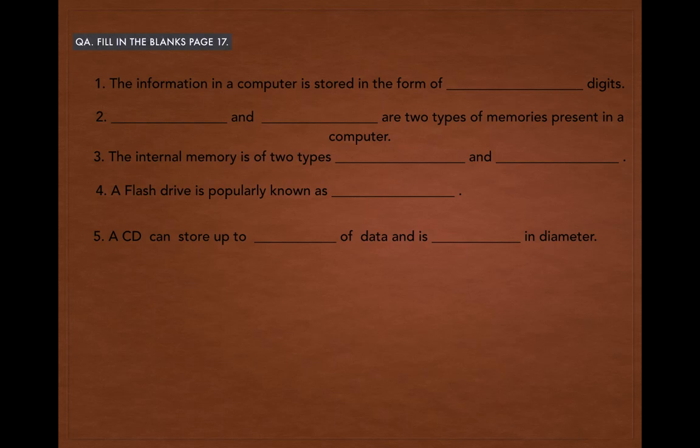External memory, secondary memory, like pen drive, CD, DVD, hard disk, etc. Internal memory is of two types, RAM and ROM. A flash drive is popularly known as pen drive. A CD can store up to 700 MB of data and is 4.7 inches in diameter.